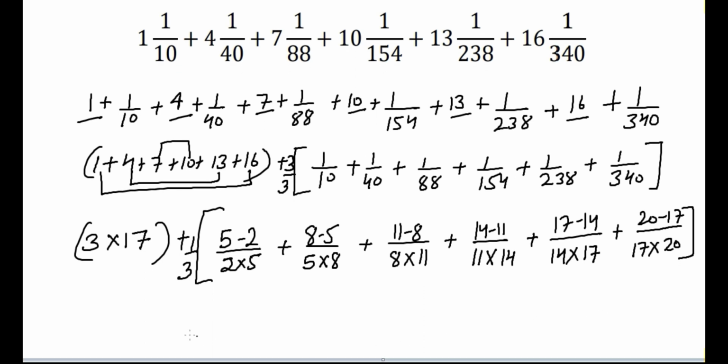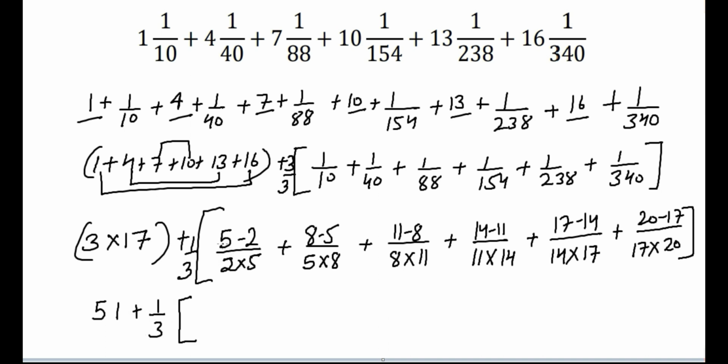So moving on further, you can see that this is 51. 3 times 17 is 51, plus 1 by 3, and let's go for the inside work.